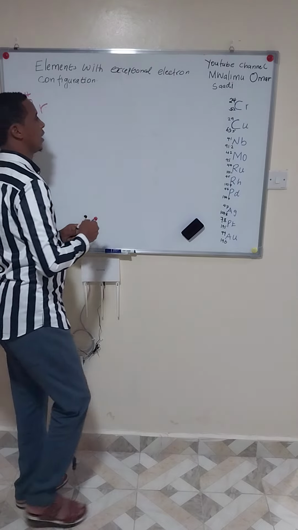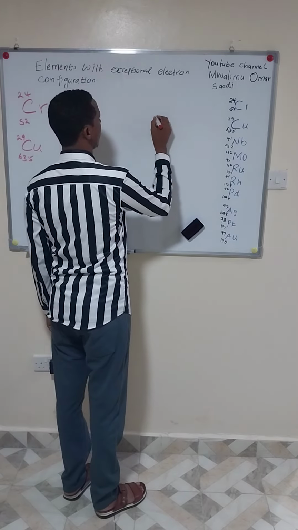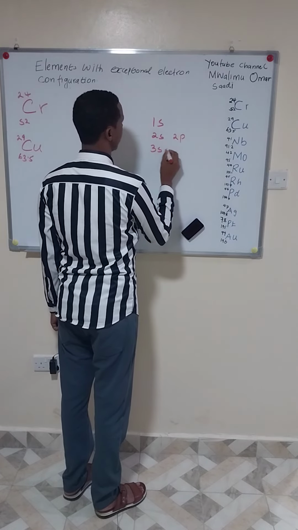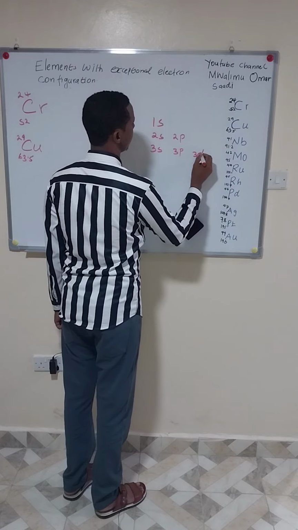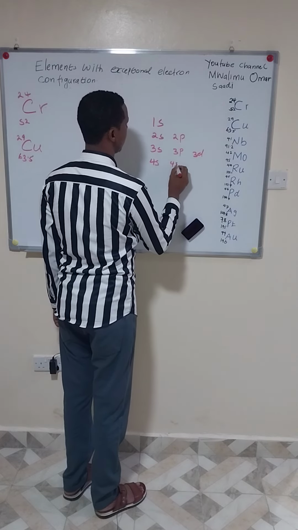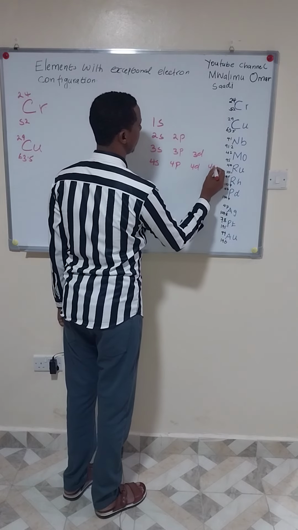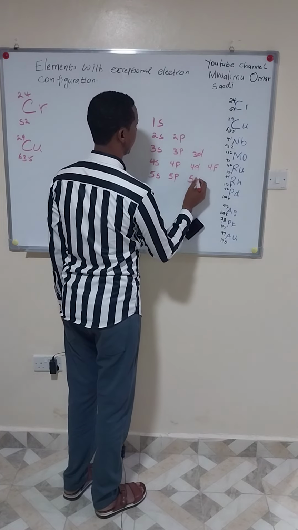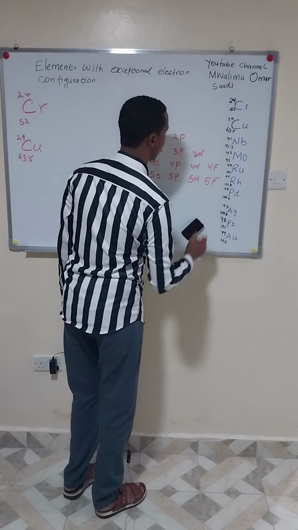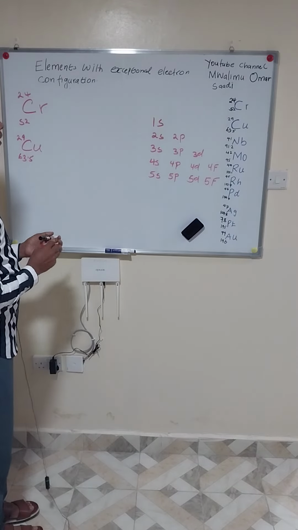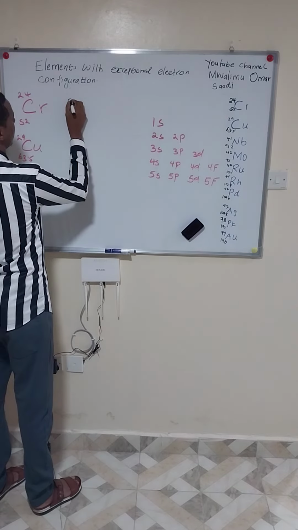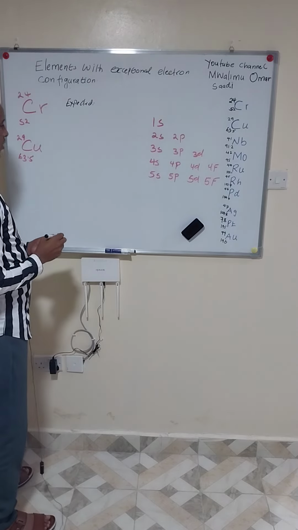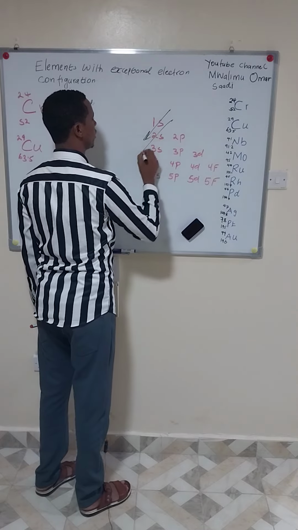So first we will write our sublevels: 1s, 2s, 2p, 3s, 3p, 3d, 4s, 4p, 4d, 4f, 5s, 5p, 5d, 5f. So the first thing we will write is the expected electron configuration. So we will follow this pattern.